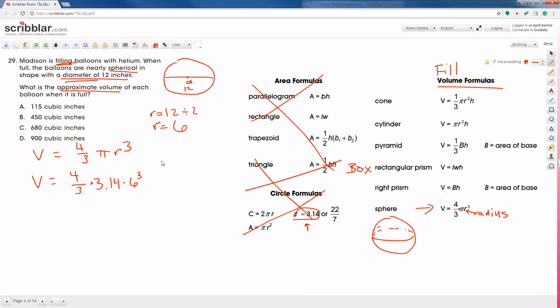But when we plug this in, we follow order of operations again. So we don't always just go left to right. We look for parentheses, which we don't have. We move on to exponents, which we do have. So 6 to the third.